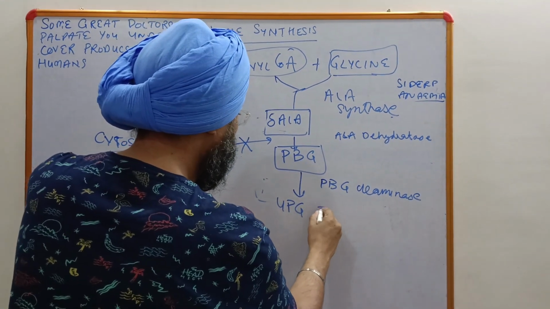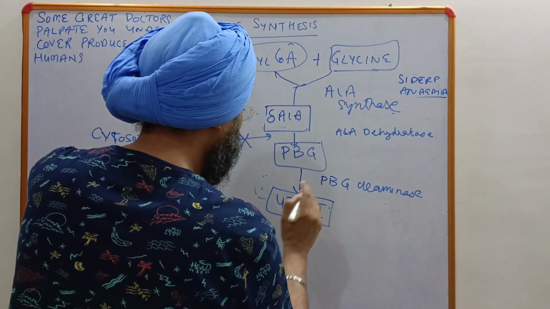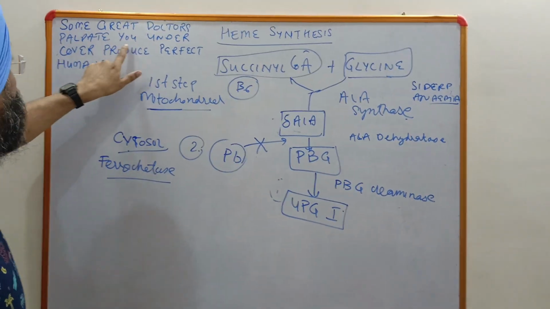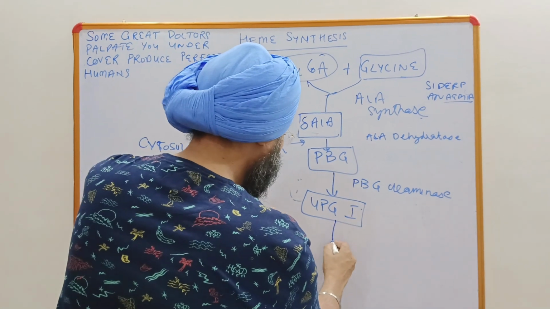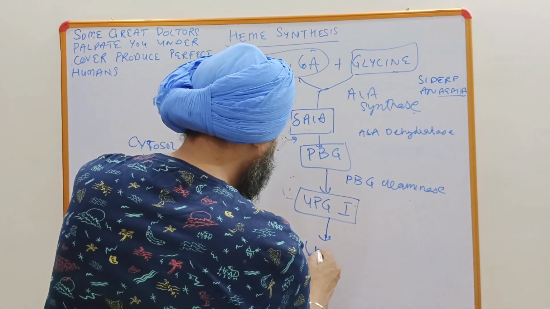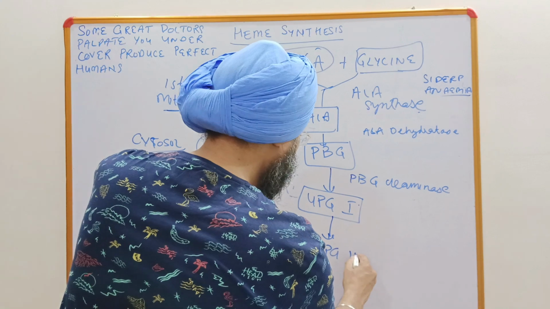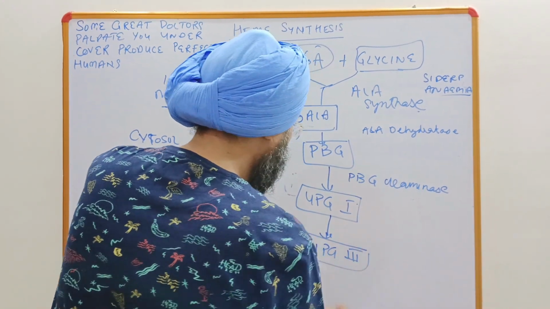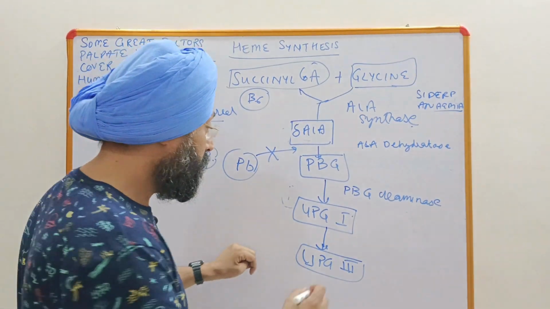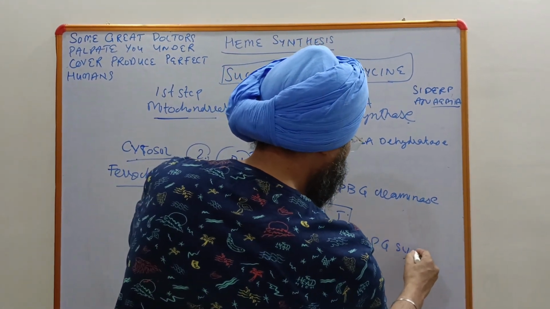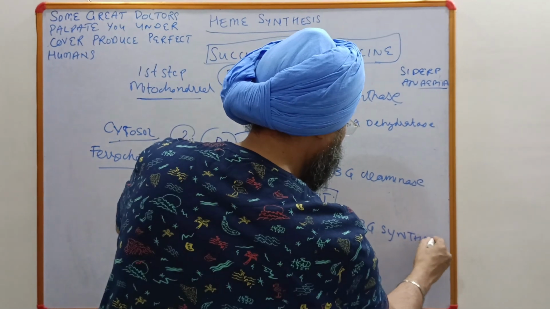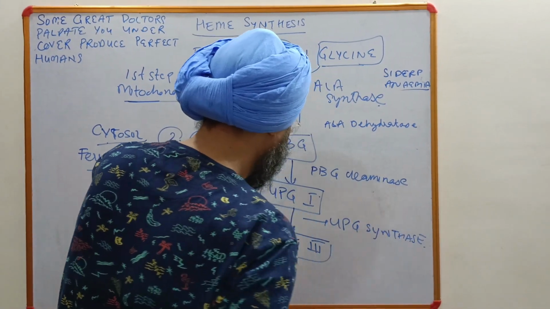uroporphyrinogen 1, right? So U for uroporphyrinogen 1, then it will form uroporphyrinogen 3, right? And the enzyme required is uroporphyrinogen synthase, right?